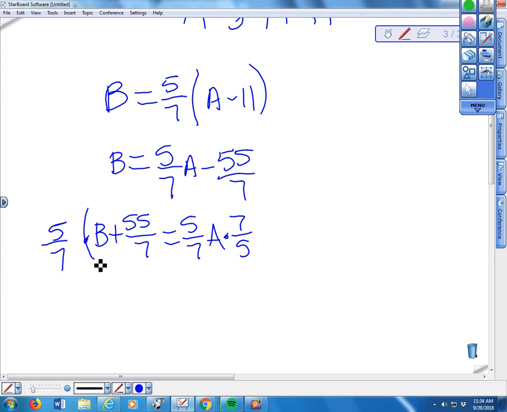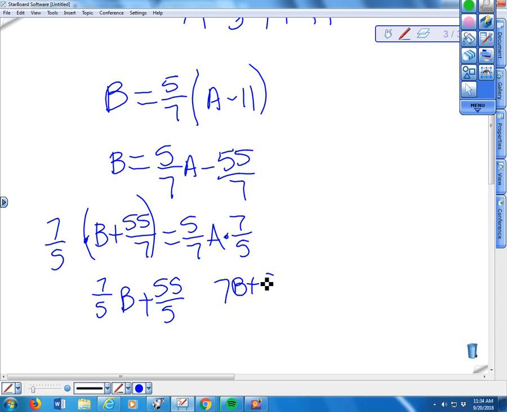And this is the whole thing. So I get 5/7 B plus 7/5 here, sorry, plus 55/5, which if I use a common denominator is just 7B plus 55 over 5.